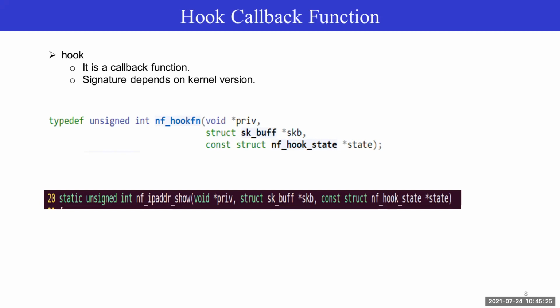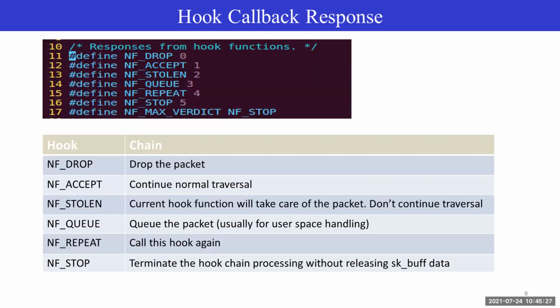So here is the list of responses that your hook point can provide. The first is the drop. The name is quite obvious. So suppose your callback routine is checking whether the packet is of type, say, ICMP. If it is ICMP, then you are not entertaining that packet.